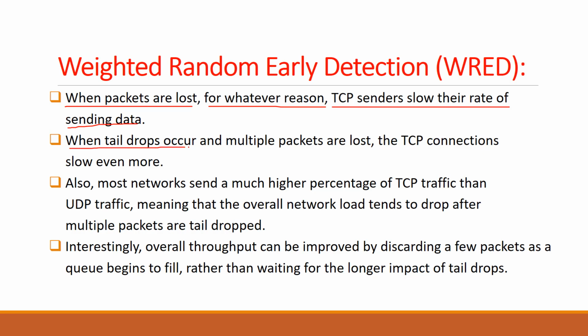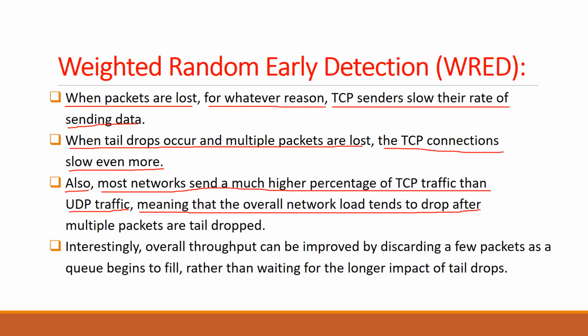When tail drops occur and multiple packets are lost, the TCP connections slow even more. So this congestion will make the network slow down. Also, most networks send a much higher percentage of TCP traffic than UDP traffic, meaning that the overall network load tends to drop after multiple packets are tail dropped.